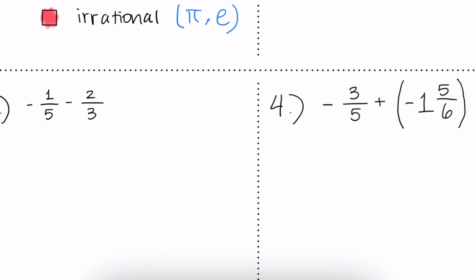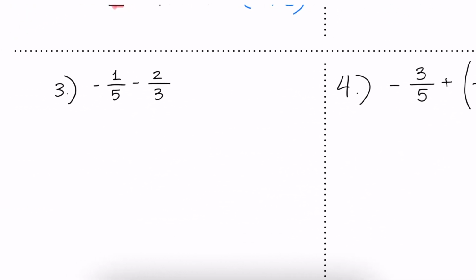Okay, let's move on to problem 3. Now this has to do with making these denominators the same. So here we have to find a common multiple of 5 and 3.